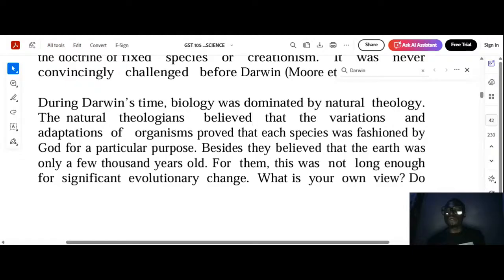So I ask you a question: what is your own view of the matter? Do you believe that the earth was created by God? Do you believe it came through creationism or the doctrine of fixed species? Do you believe it came through spontaneous generation? Which one do you support? How do you think the earth and all the organisms we have came about?